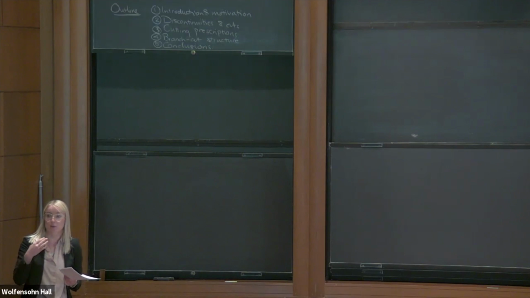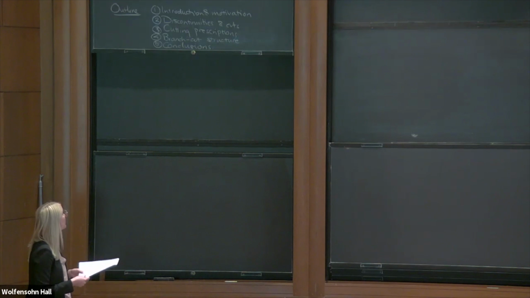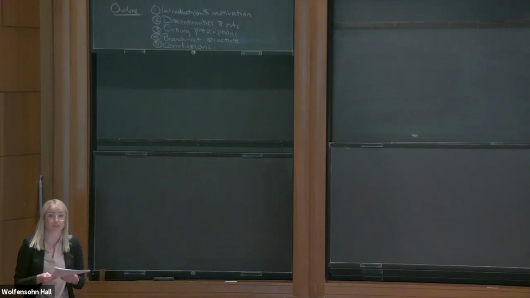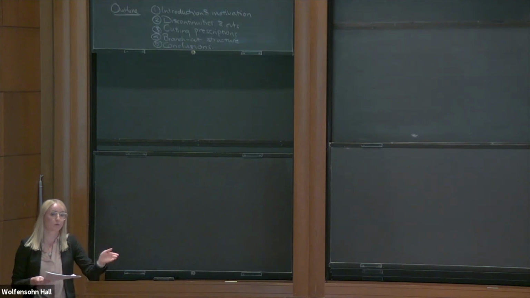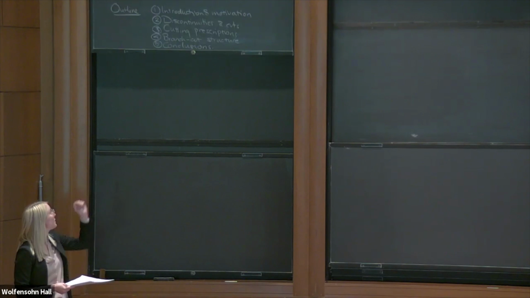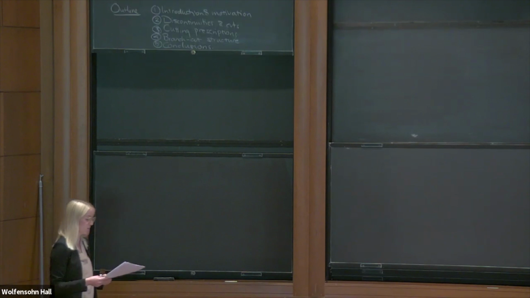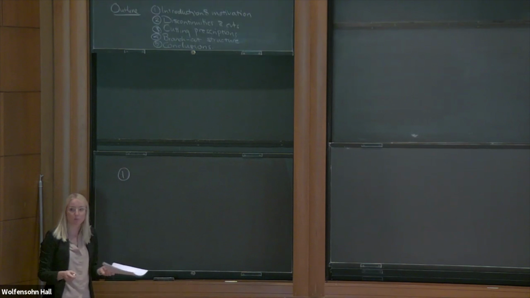Then, in point 3, I'll talk about two different cutting prescriptions that we can use, corresponding to different ways of taking discontinuities. And in one of these ways, we're going to see that it's important to know exactly which sheet we're on when we take these cuts and discontinuities. So that's going to be point 4, and I'll end with concluding. And please stop me at any point with questions.